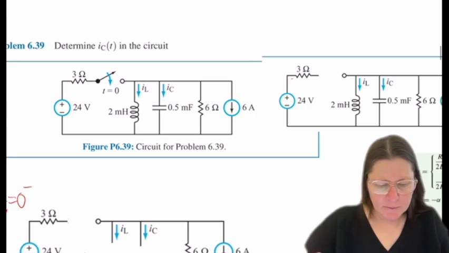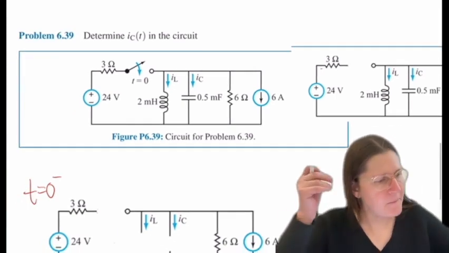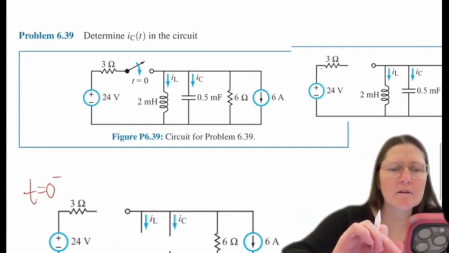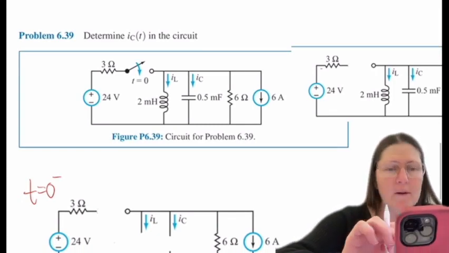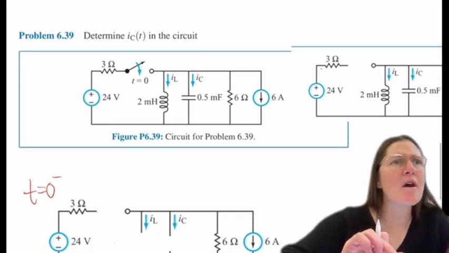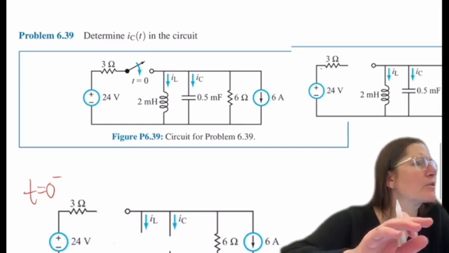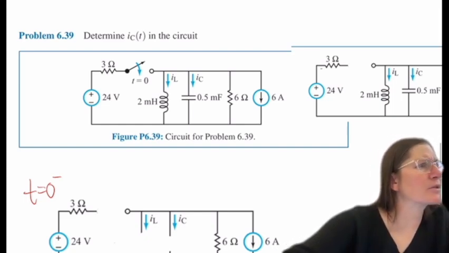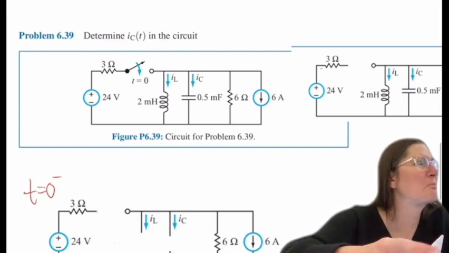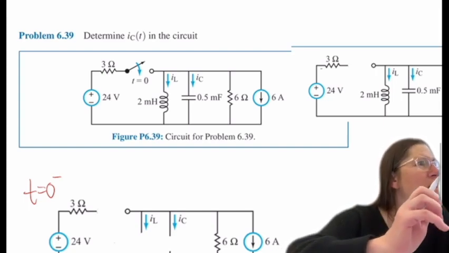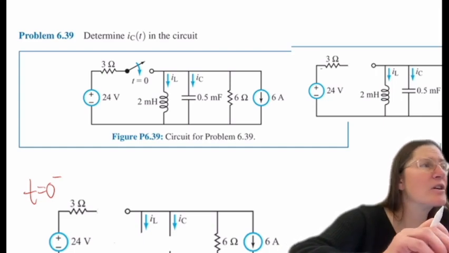All right, let's look at this one. We want to determine IC of t. Do anybody have the notes? Which number is the one on the notes? I think it's 6.24.